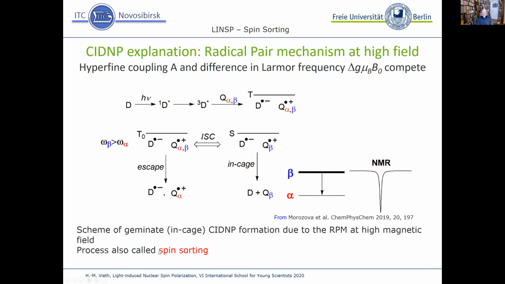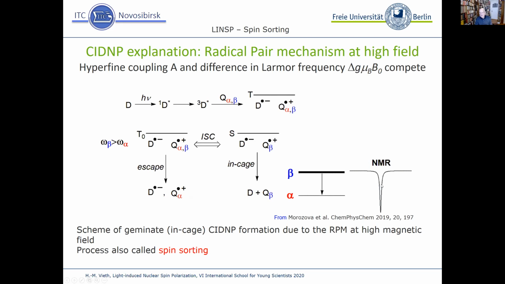This process is called spin sorting because all of your molecules in your liquid system, there are those with alpha and beta spin orientation, and you sort them first.